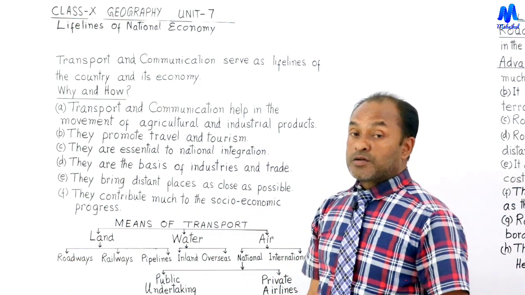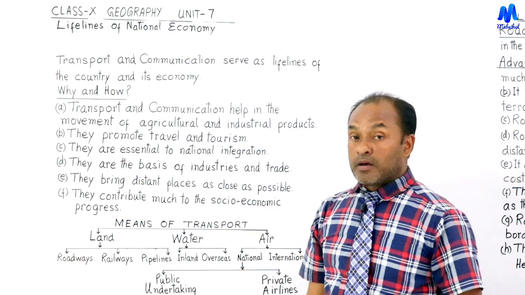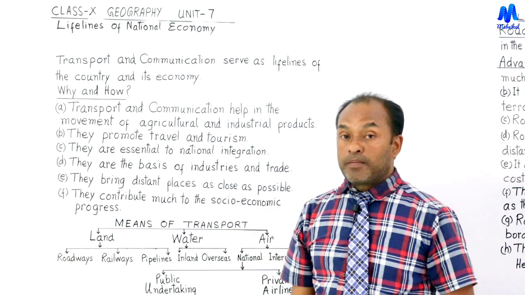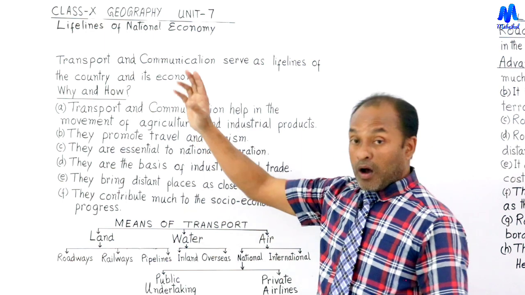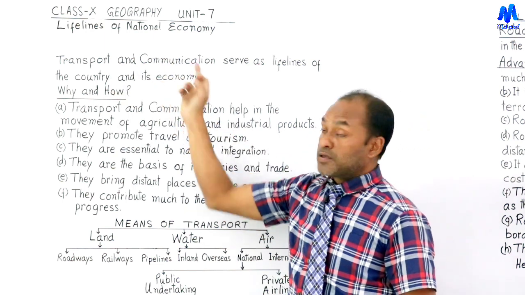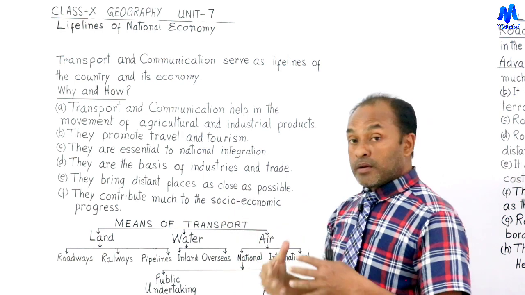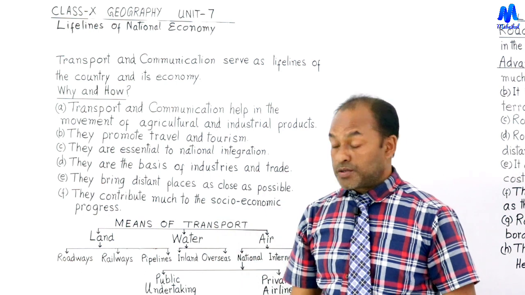So, in this world of globalization, we are living in a socially and economically progressive society nowadays. So, how these two things, transport and communication, bring each other, and they contribute much to our socio-economic progress.